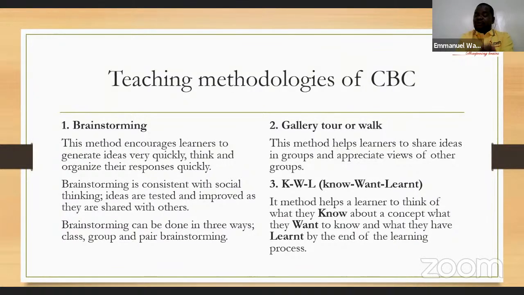They'll also be able to express to you, as a teacher who is a facilitator, what they want to know at the end of this lesson. They write down what they want to know, and after you've concluded the lesson, they tell you what they have learned. That's basically KWL.